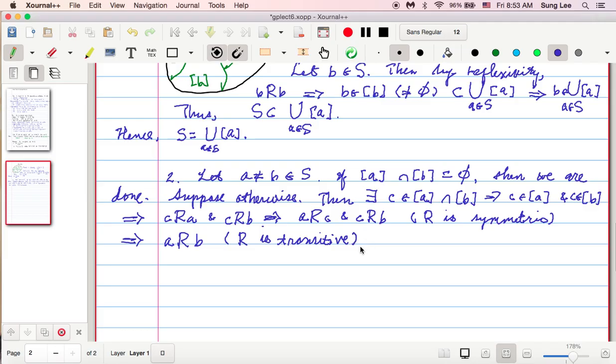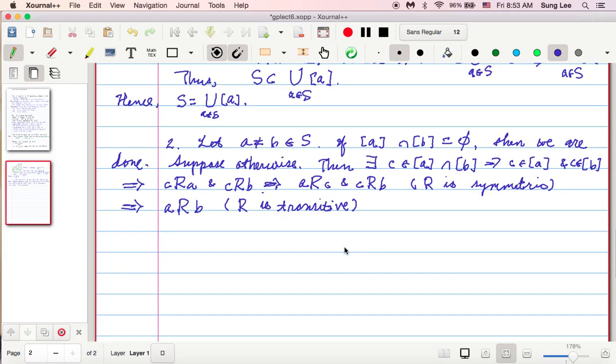Okay. So we got to that. What does this mean? A is related to B means that, in fact, the class of A and the class of B are the same. They have to be the same. It seems pretty obvious, right? But if you want to convince yourself that that is the case, we can actually prove it.